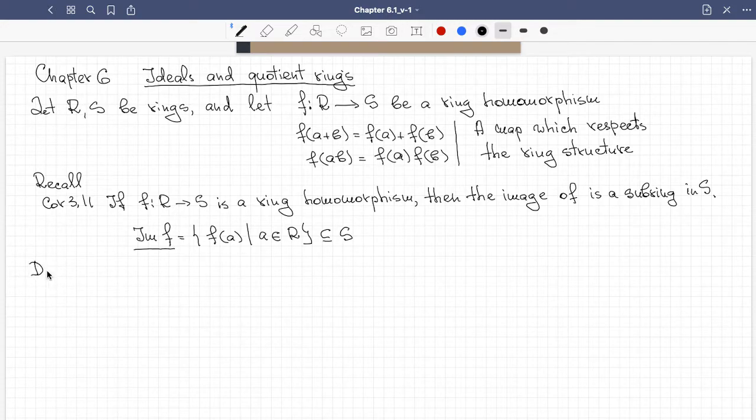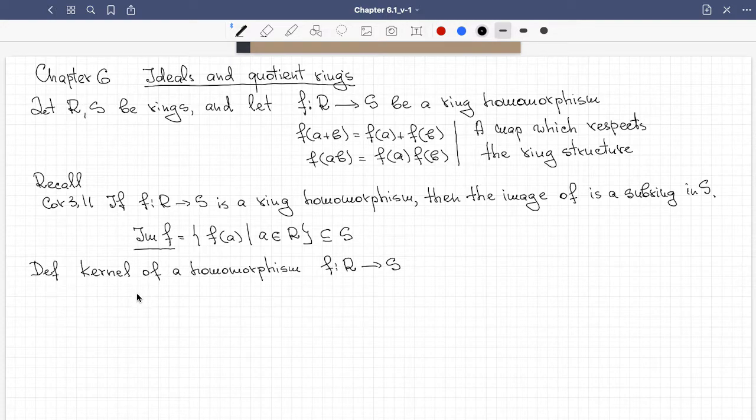So let me define the kernel of a homomorphism f from the ring R to the ring S. Image is a subset of S, and the kernel is going to be the subset of R. These are all elements which map to something interesting, and what is interesting, there is only one marked element in every ring, which is 0.